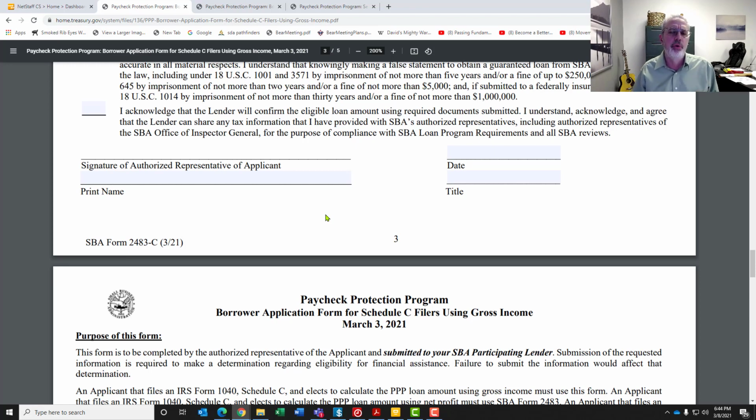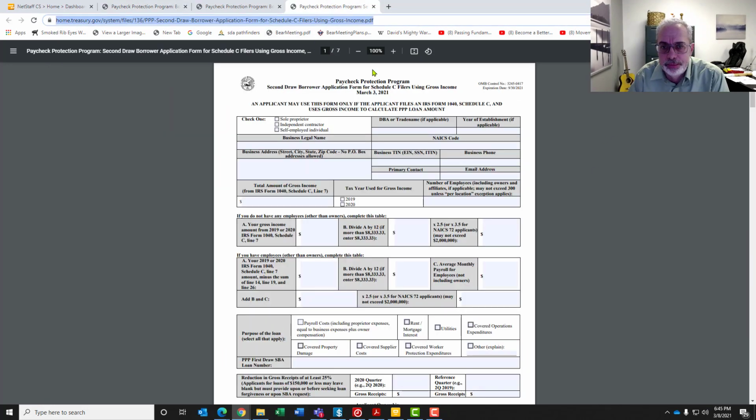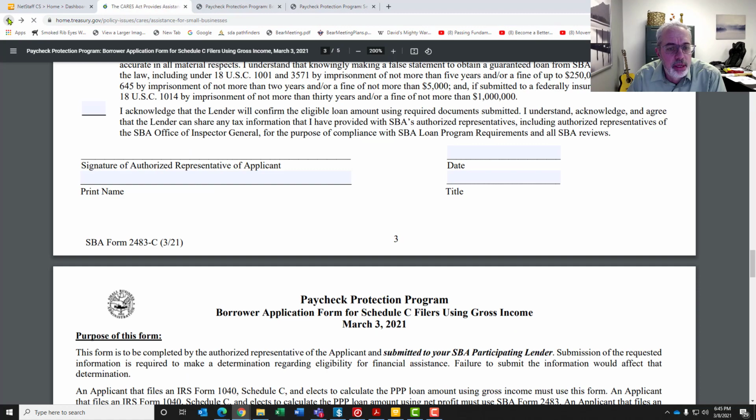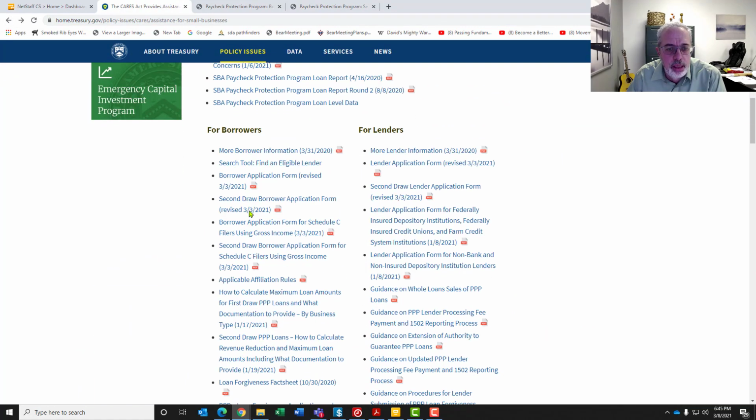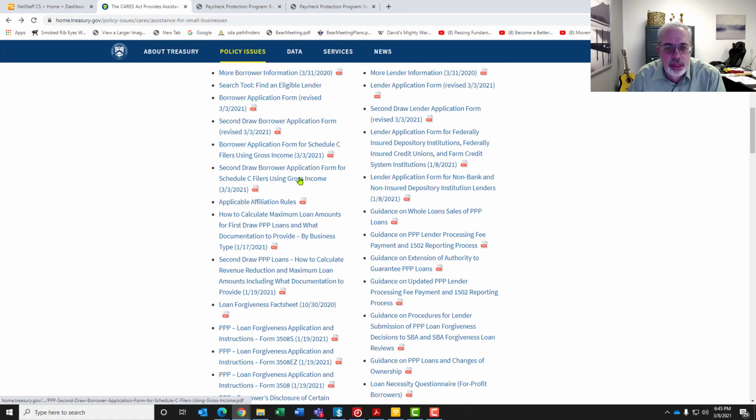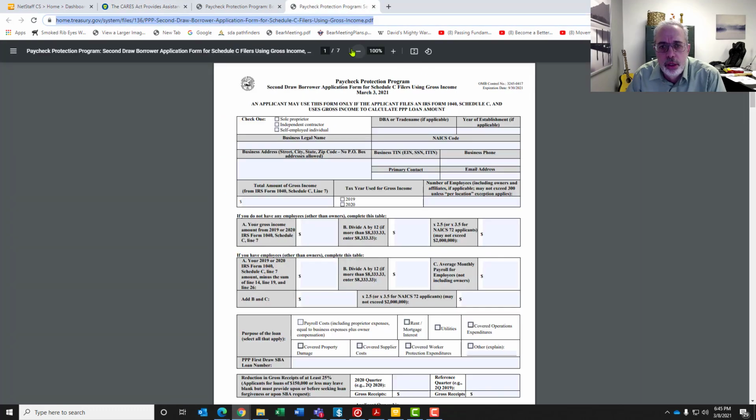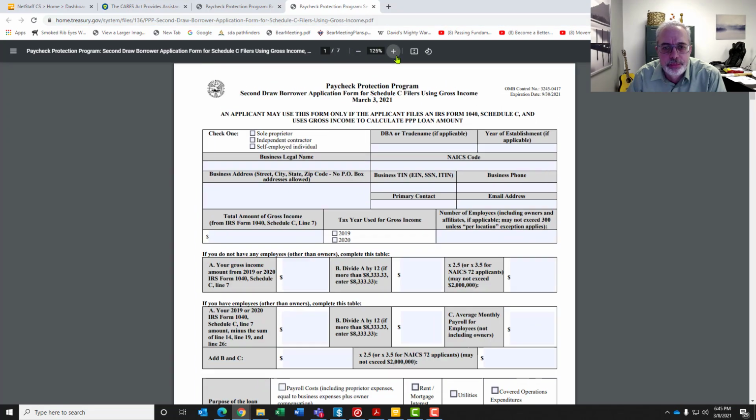But if you've already done the first, and you haven't done the second, then we have this application. And it is in the same place as the other one we looked at. If you come back, it is second draw application for Schedule C, filers using gross income. So blow this one up.